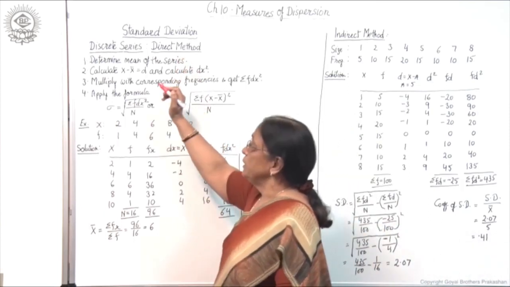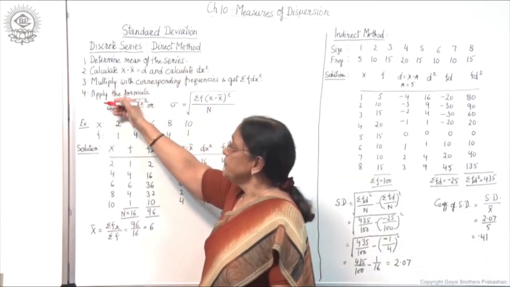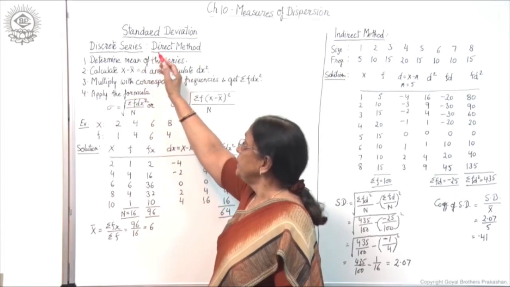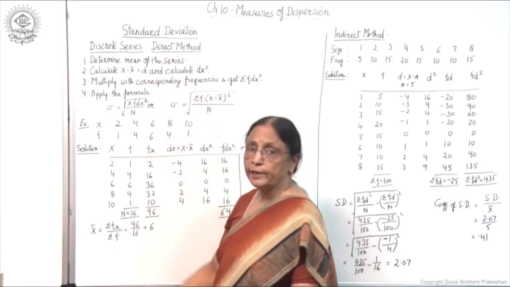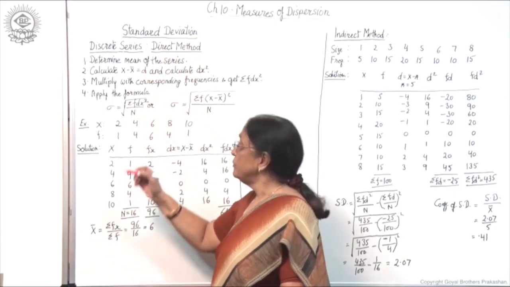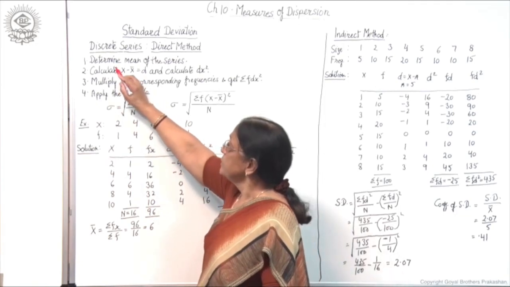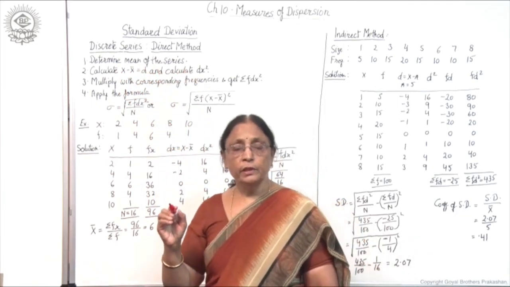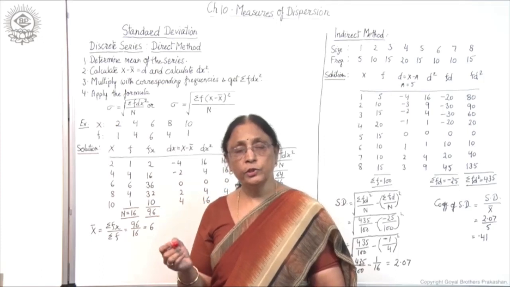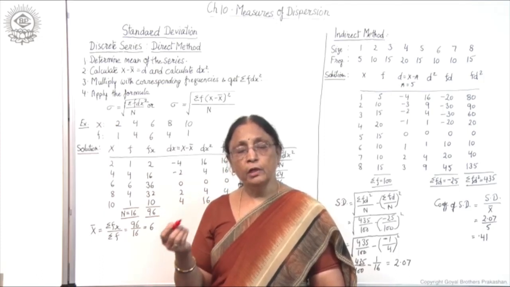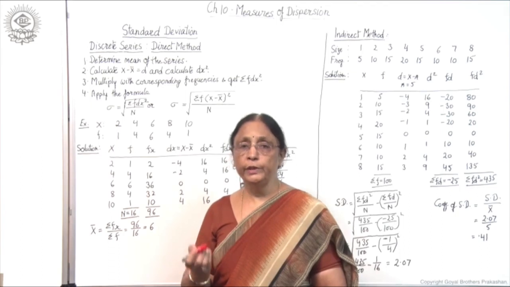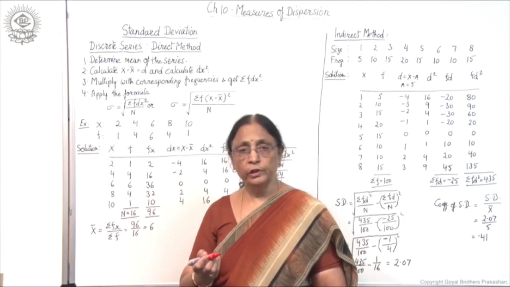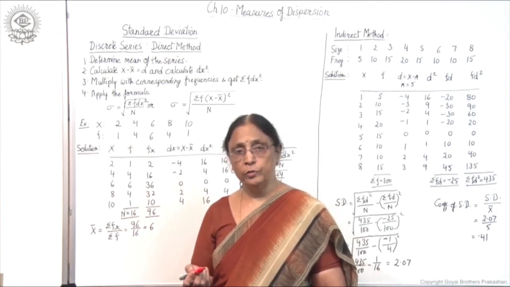First is direct method. These are the steps when you are calculating standard deviation by direct method in the case of discrete series. First, determine mean of the series. Direct method is the method in which you are taking out the deviations from actual mean, not the assumed mean but the actual mean.